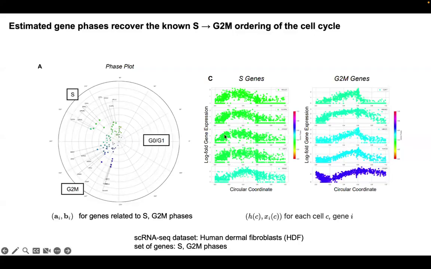That's the graph for S genes and G2M. In this case, you can see that the peak comes earlier in S genes compared to the G2M case. So it supports that their framework works well.